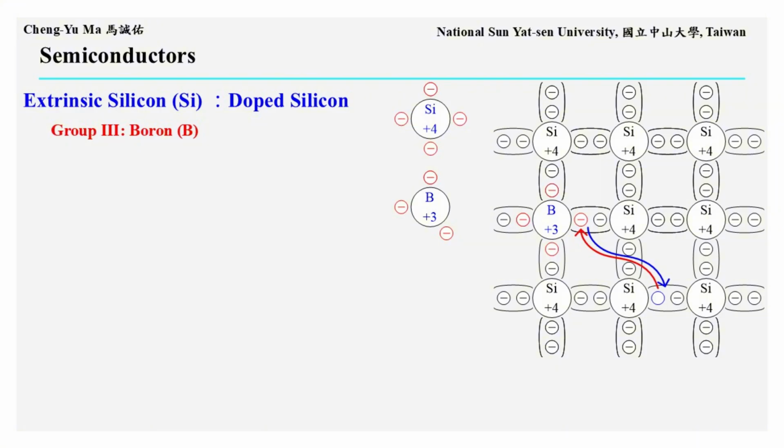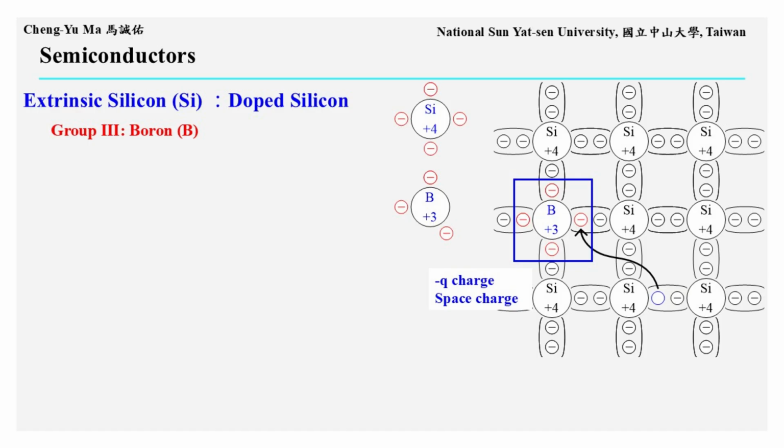Notice that each group 3 element doped into the silicon crystal generates one hole in the valence band. At the same time, this hole is generated without creating an additional electron in the conduction band. This is different from an intrinsic semiconductor. However, when the covalent bond vacancy, or hole, of the group 3 element moves away because of another force, the group 3 atom position carries a local negative charge.